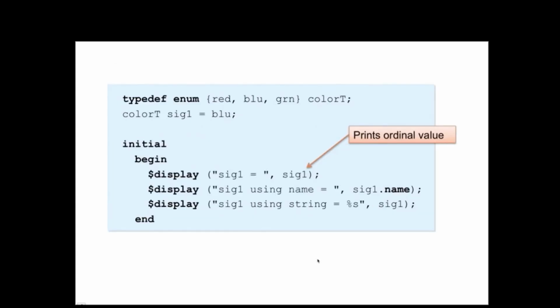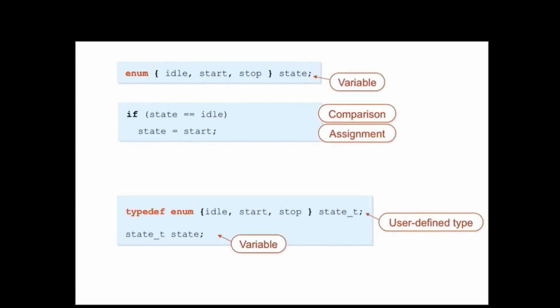Now if you go to print out an enumerated type, by the way, if you put these in waveforms, you will see the value being displayed as idle, start, and stop. So when you're debugging your state machine, it's great because you can see it's in idle, it's in start state, it's in stop state.